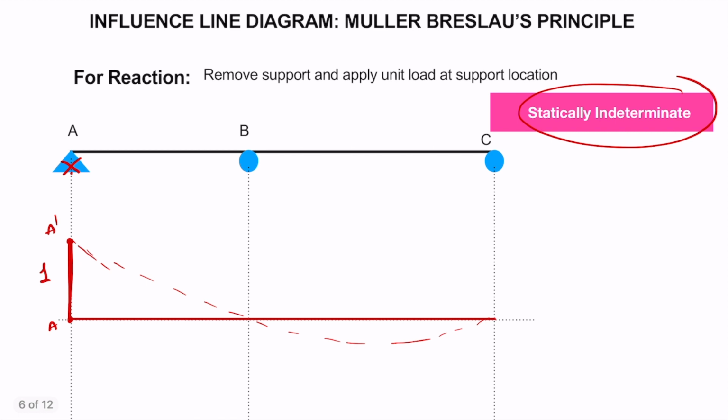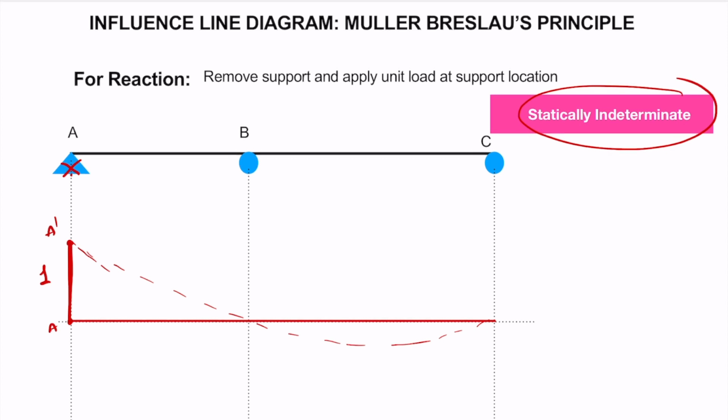But in this case, for finding out the exact values at different points, we need to do some more calculations. But here I'm going to just stick with the shape of the ILD, because for our problem we just need to know what is the shape of the ILD so that we could determine which span to be loaded to get maximum upward reaction at that support A. So this is the ILD for reaction at A, which is for a statically indeterminate beam.